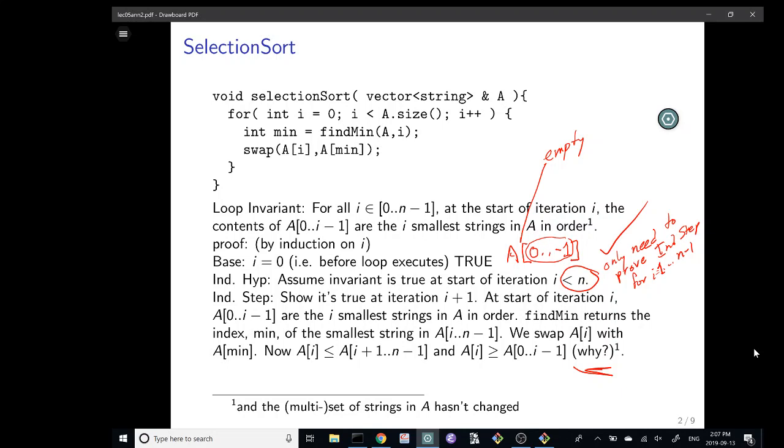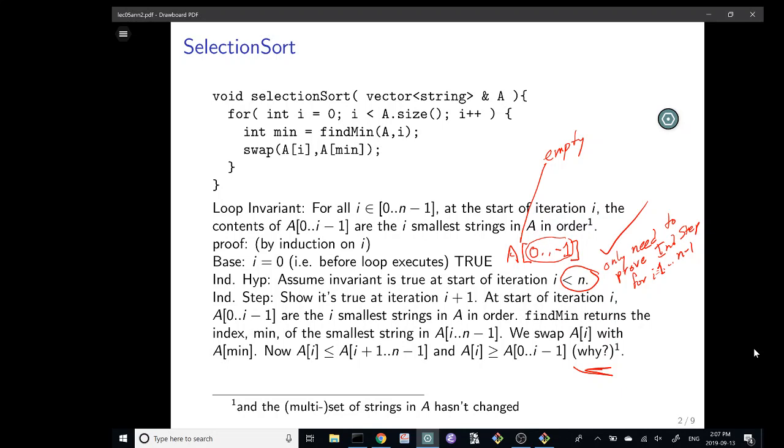It says, first of all, we've got this inductive hypothesis. Then we've got this inductive step that we have to prove. But we know exactly what that's going to say because we know that we're going to invoke findmin, and findmin will return the index of the smallest string in AI through n minus 1. It will return the index of that smallest string, and then we will swap AI with A min.